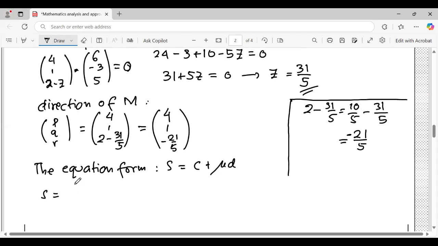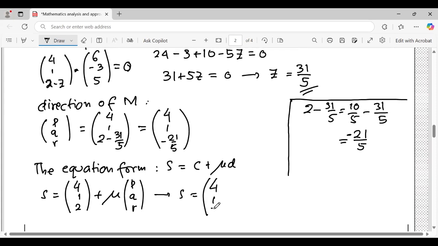So c equal 4, 1, 2 plus mu times p, q, r, or c equal 4, 1, 2 plus mu times 4, 1, minus 21 fifths, like this.